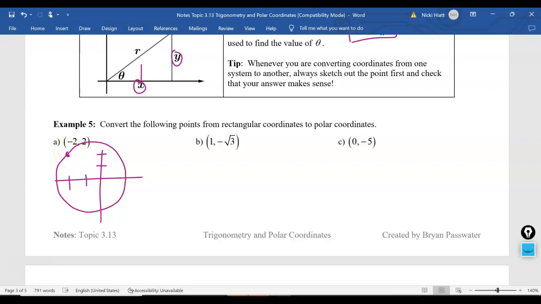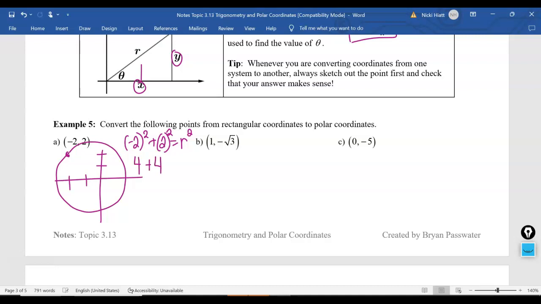So to find your radius, you're just going to do a squared plus b squared equals c squared. So you can use the negatives if you want, because whenever you square them, you're going to get positive. So negative 2 squared plus 2 squared is going to equal, I'm going to call it radius squared here. And you can use the negative or not. It doesn't matter, because when you square these, you're going to get positive.